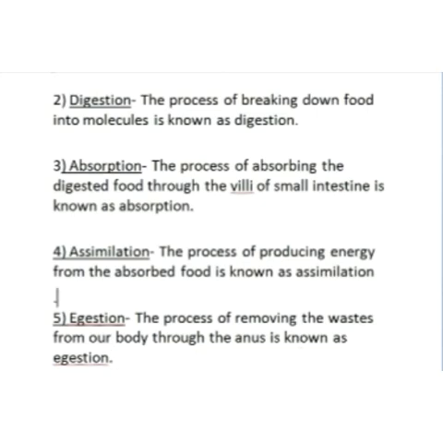Fourth, assimilation. The process of producing energy from the absorbed food is called assimilation. Last, egestion. The process of removing the waste from our body through the anus is called egestion. So, my dear students, these are the 5 processes. Write these processes as it is as shown in the video.